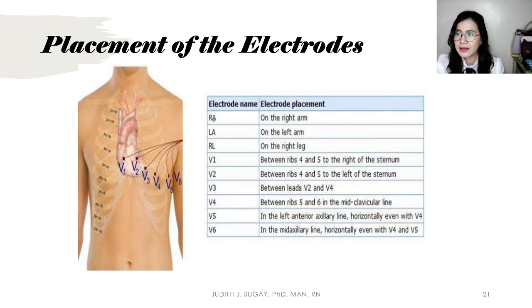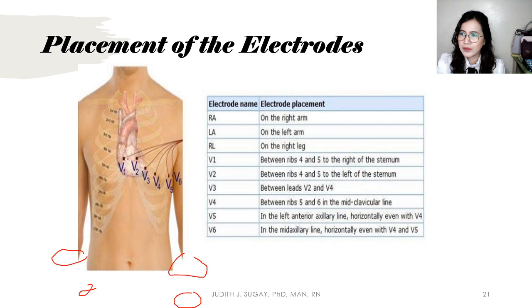We have the electrode name RA, on the right arm. So right arm, left arm. You can also have the right leg, and then the left leg.